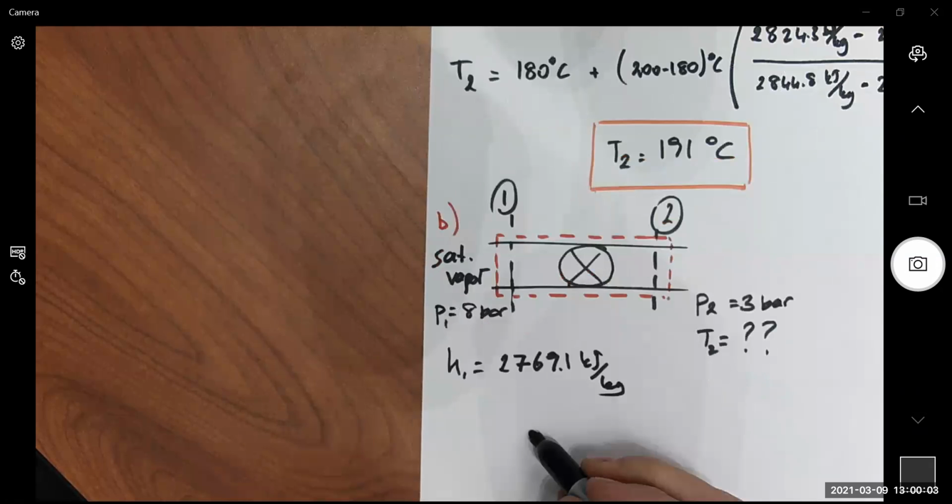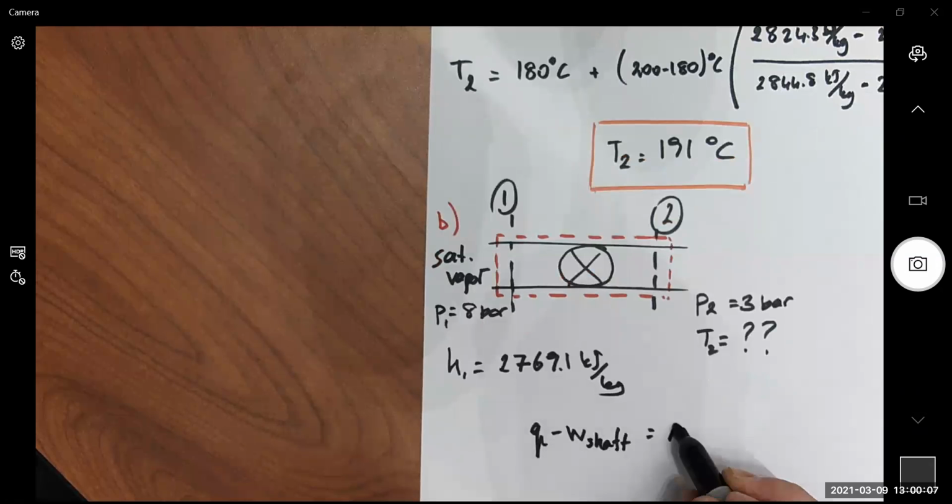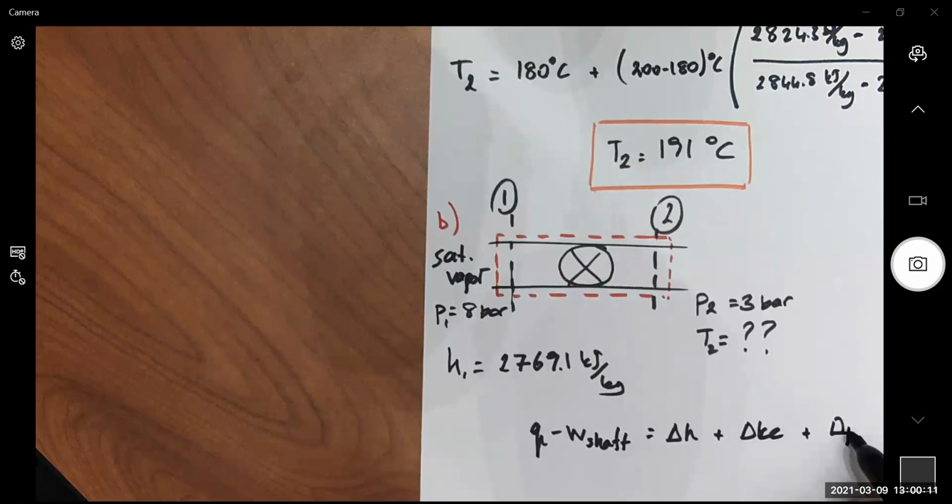Again, using the first law of thermodynamics, delta H plus kinetic energy plus potential energy.